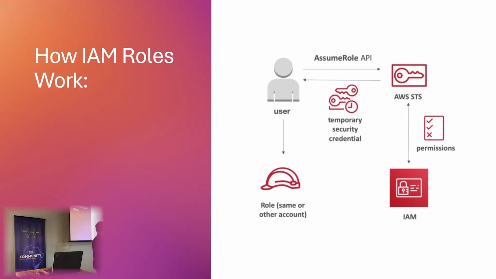If it's not in the trust policy, then it gets denied. If it is, STS gives the principal access, and it also provides the principal with a session token, access key, and secret key.